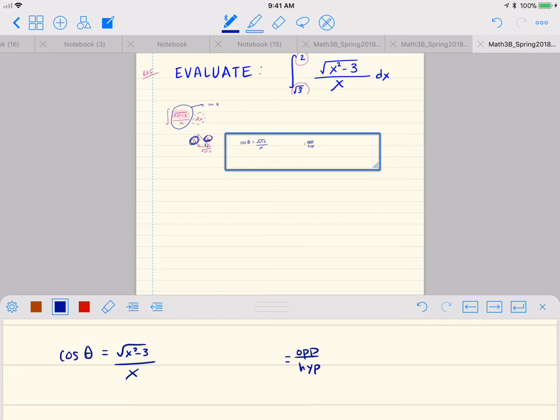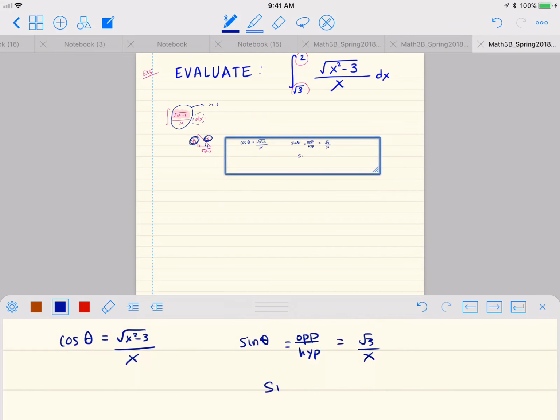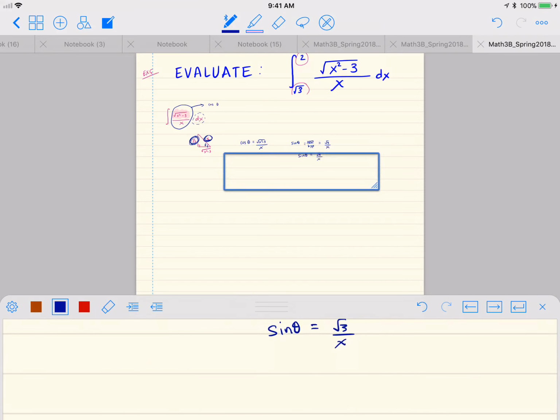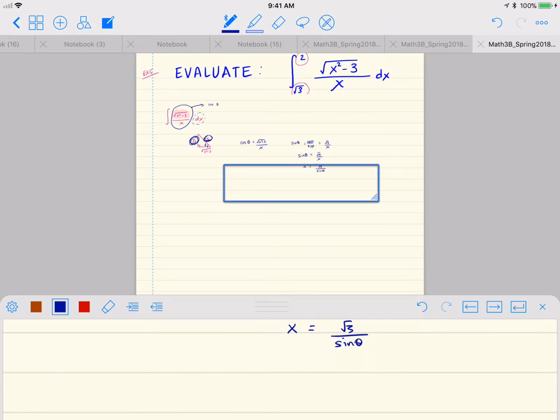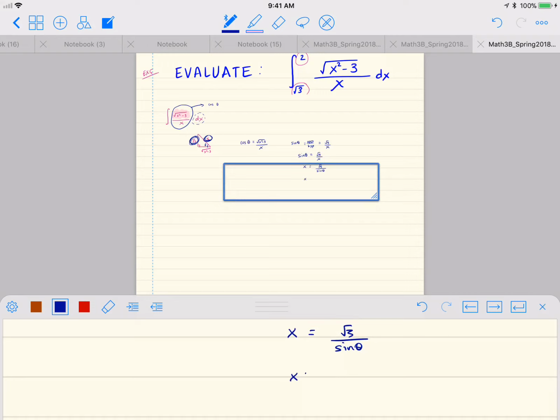Opposite over hypotenuse is going to be sine of theta, and for us that's square root of 3 over x. So if sine of theta equals square root of 3 over x, that means x equals square root of 3 over sine theta. Another way to say that is x equals square root of 3 cosecant theta.